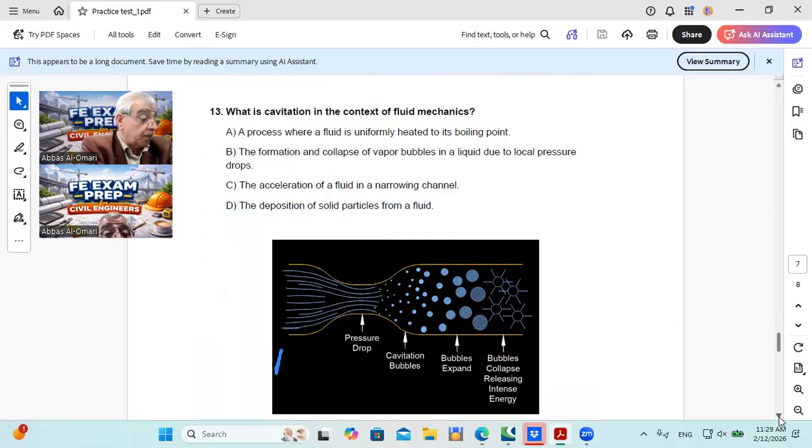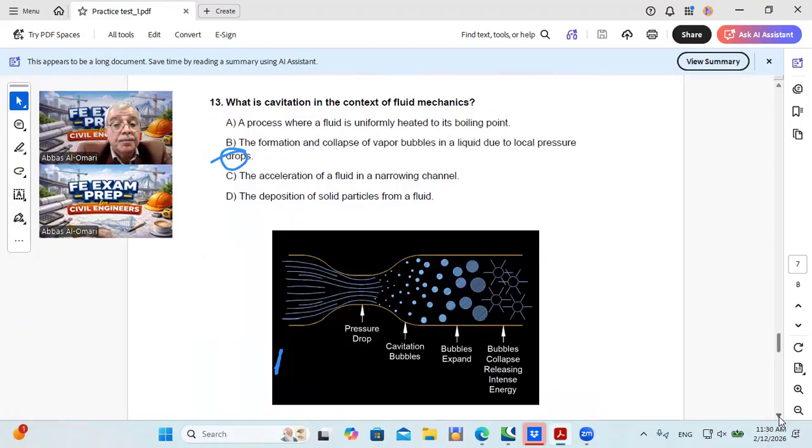No, this is not correct. The formation and collapse of vapor bubbles in a liquid due to local pressure drop. So this is the correct answer, which is B. So it has nothing to do with the acceleration of fluid in a narrowing channel. And it has nothing to do with the deposition of solid particles from a fluid. So the next question.